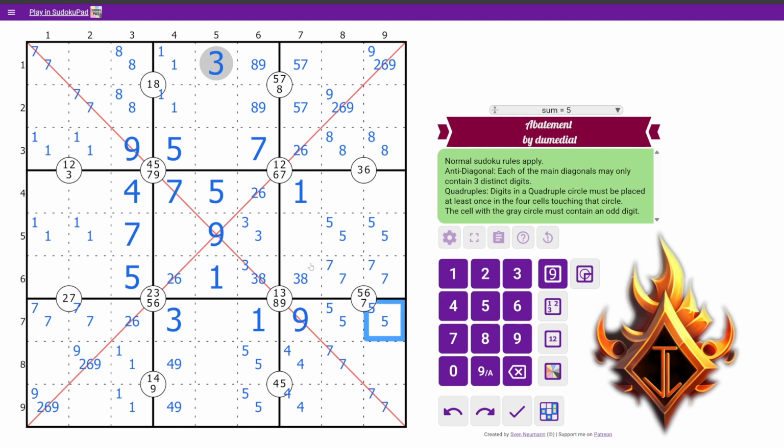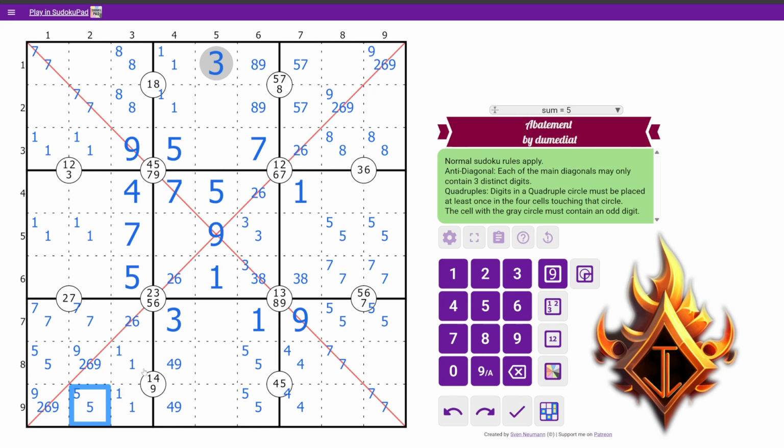And this one is pointing over here, this one is pointing down here. It'll go here or here for a 5. I don't like those diagonal marks, but we'll do it.